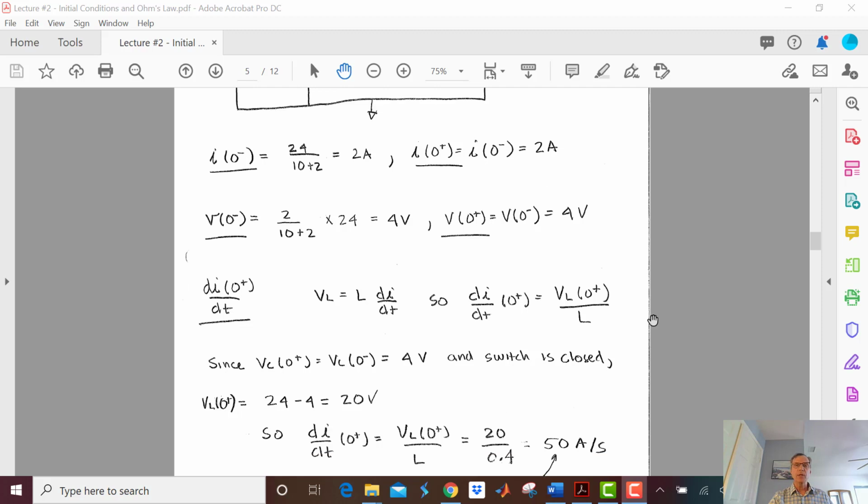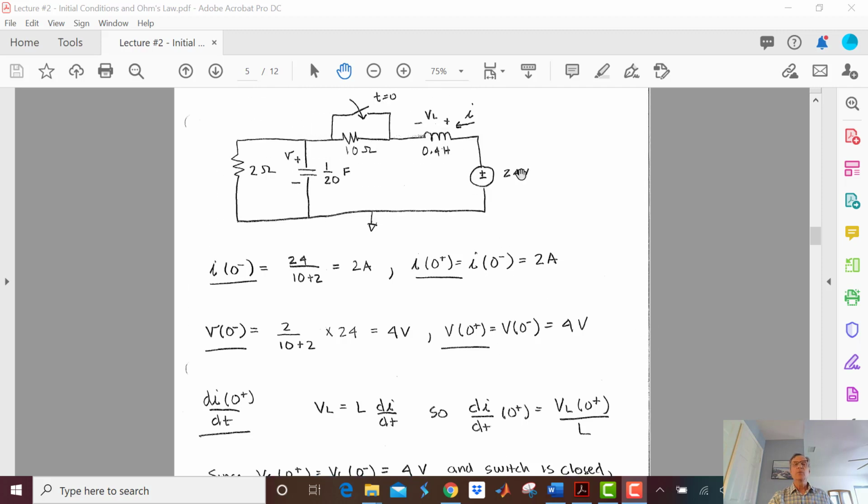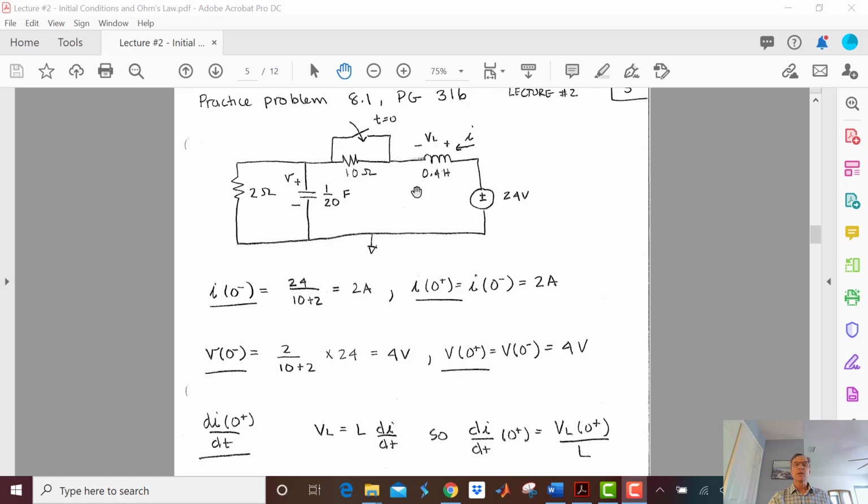What we're going to do here is just figure it out. At t equals 0 minus, I know that I have 4 volts on the capacitor, and that will not change at t equals 0 plus.